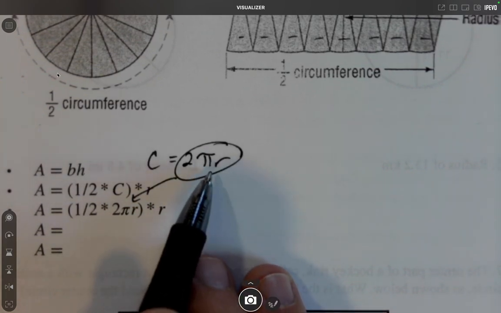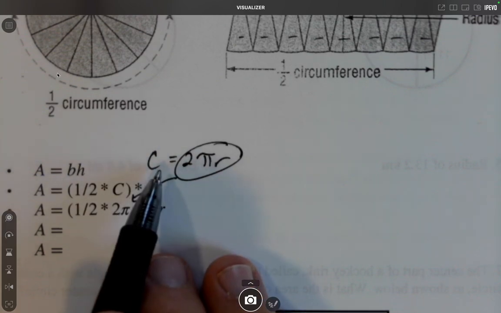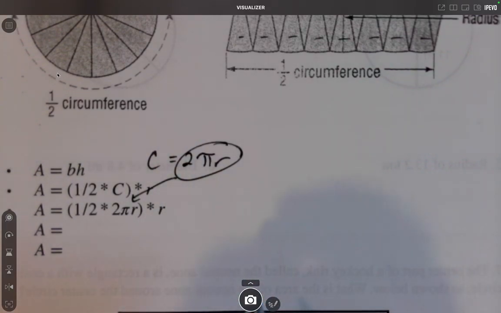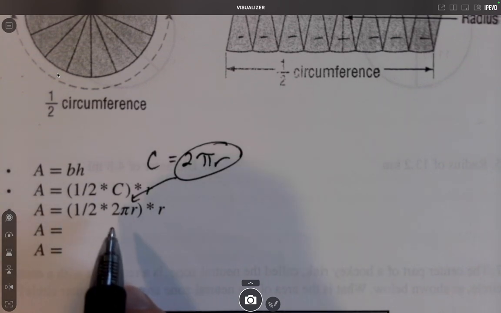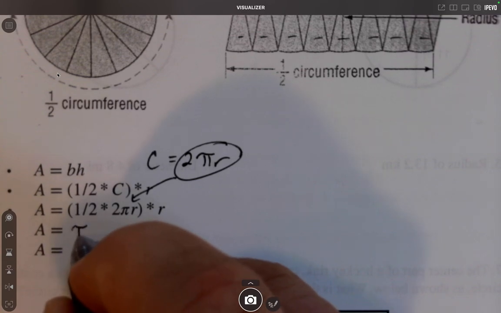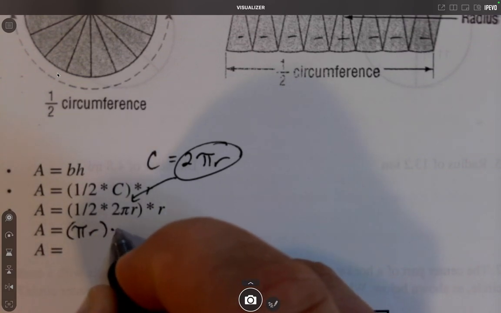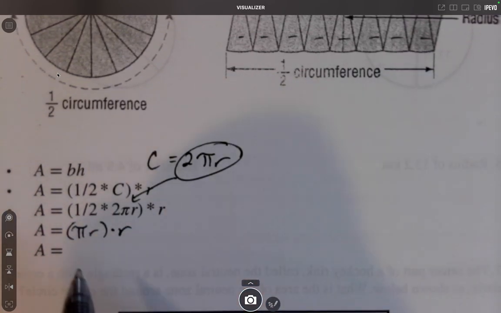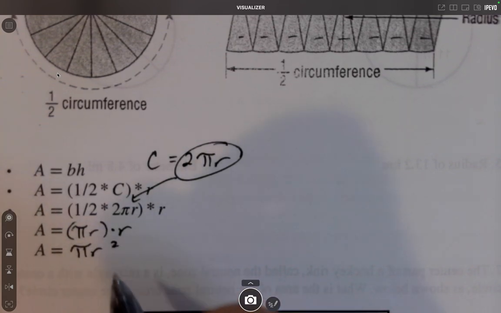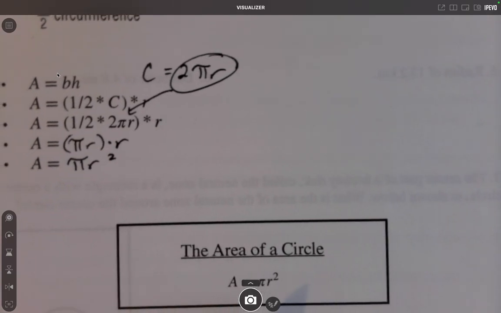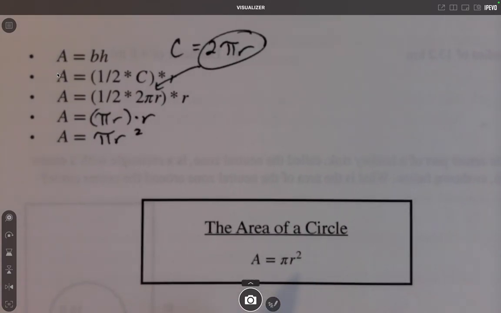Because we know from the circumference formula that the circumference is equal to 2 pi r. So now there's blank spaces here, so we can simplify this together. Half of 2 is 1. So that just leaves pi r on the inside times r on the outside. And then r times r is r squared. So that's how they got the formula for the area of a circle.